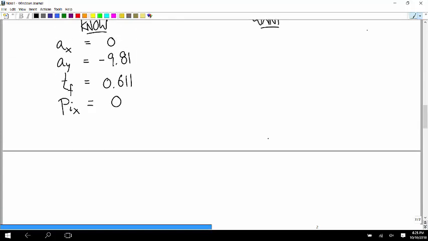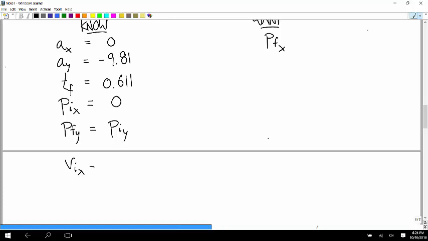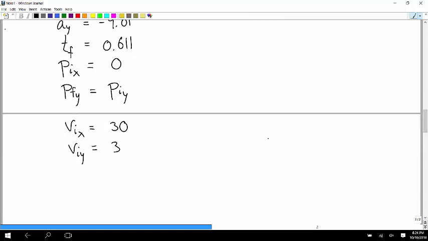We want to find the final x position. We know the final y position is the initial y position. And we know the initial velocity, v_i_x is 30 and v_i_y is 3. Okay, so is there an equation that works with this?